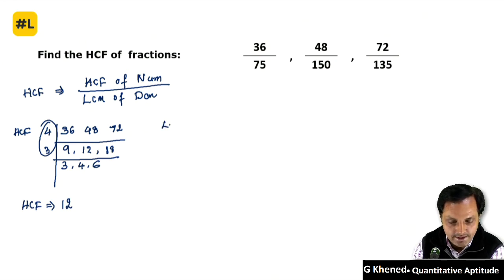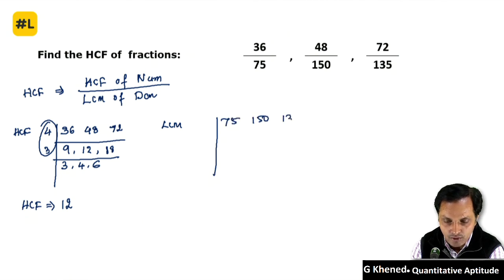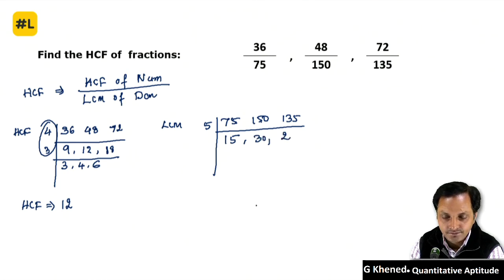Then how to find LCM for the denominator? 75, 150, 135, all these will go with 5. So 5 1s are 5, 25, 5 5s are 25, 5 3s are 15, 5 2s are 10, 5 7s are 35.